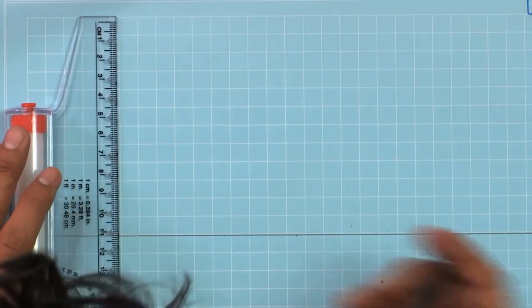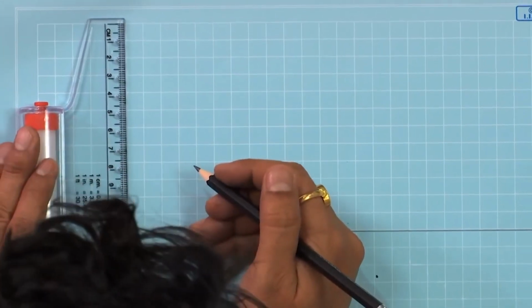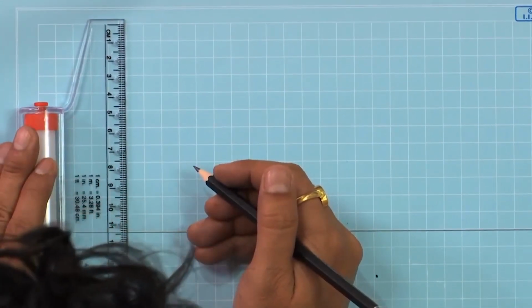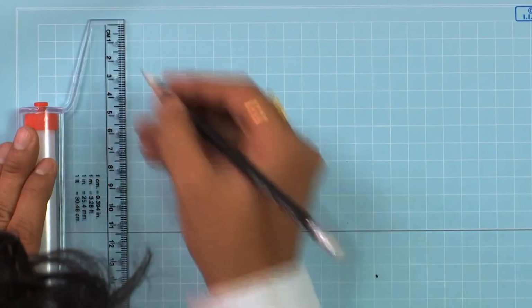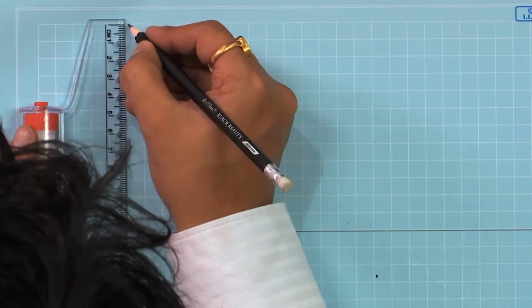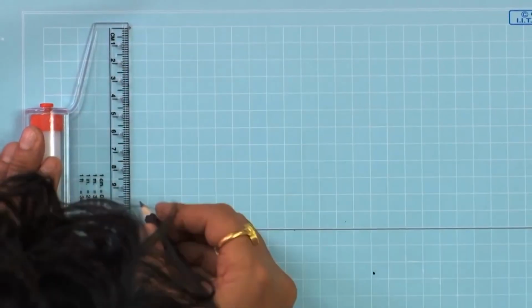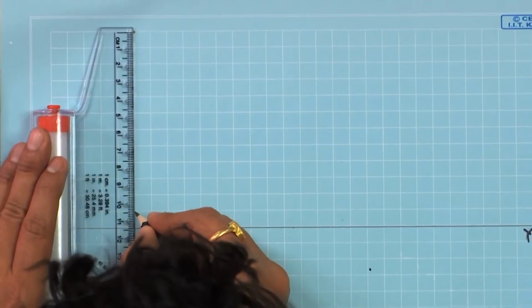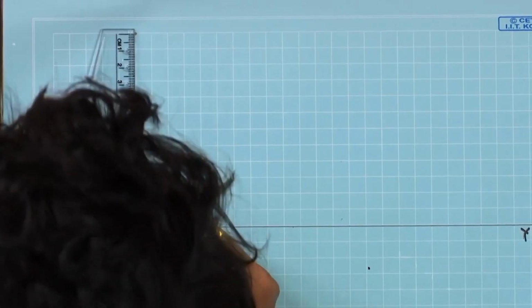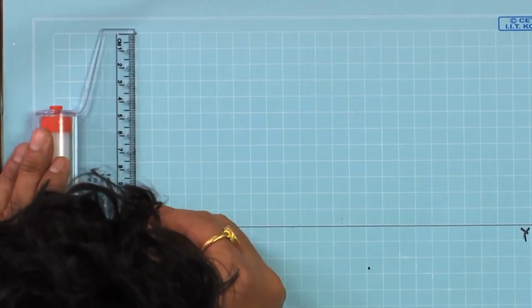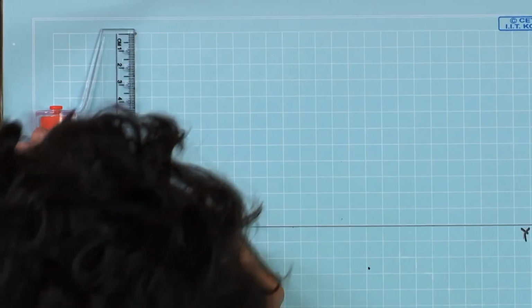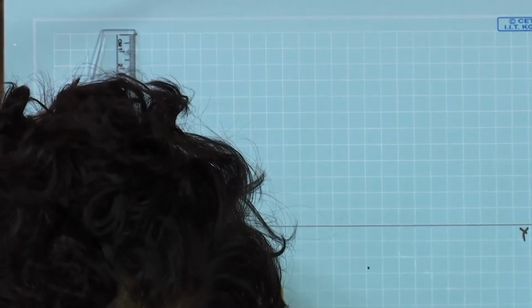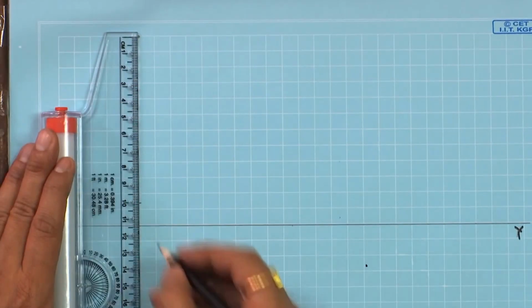So, let us leave a gap, begin from top, 100 mm, somewhere there.